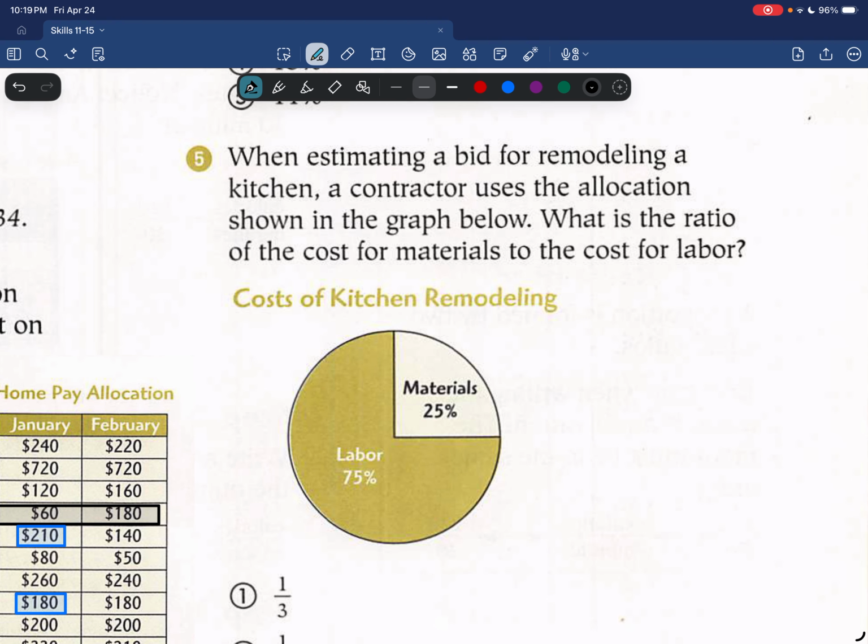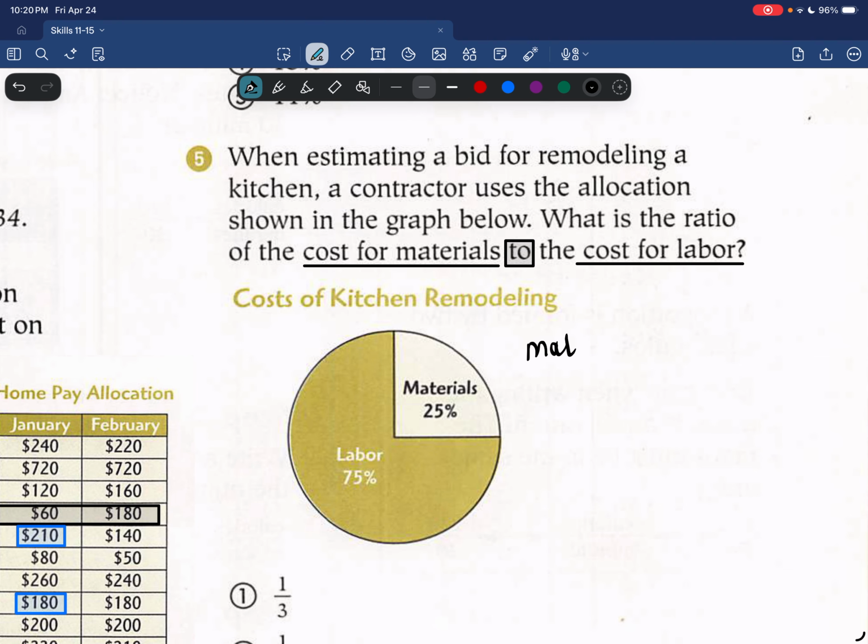So for every dollar spent on remodeling, 75 cents goes to labor and 25 cents goes to materials. If you want a ratio, look for the word to. Then look at what comes before the word to and what comes after the word to. And that will help you set up your ratio.